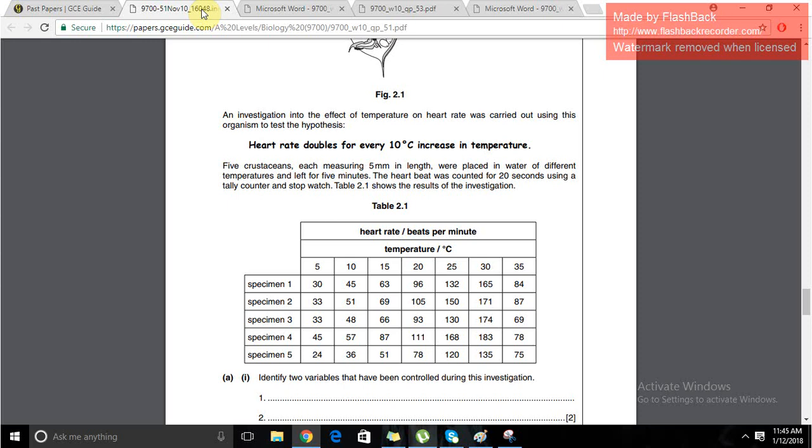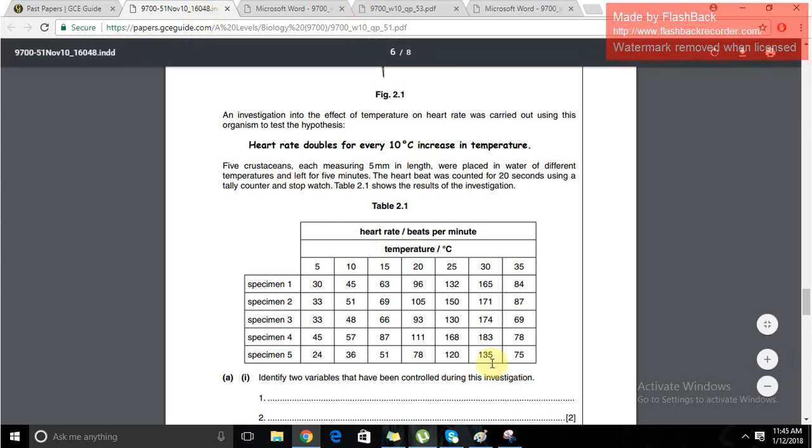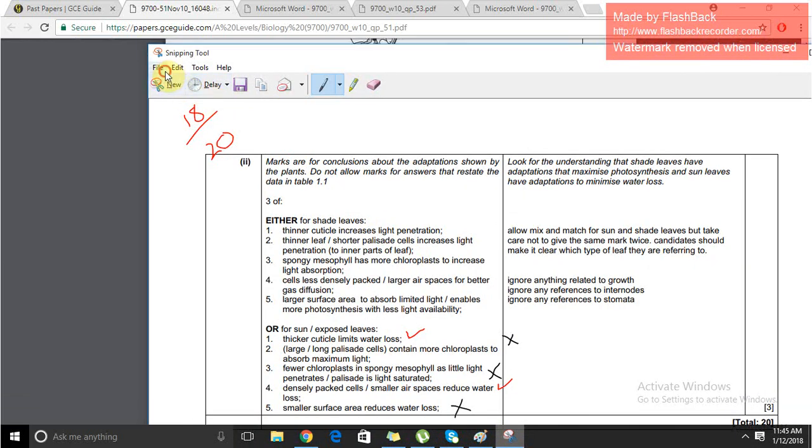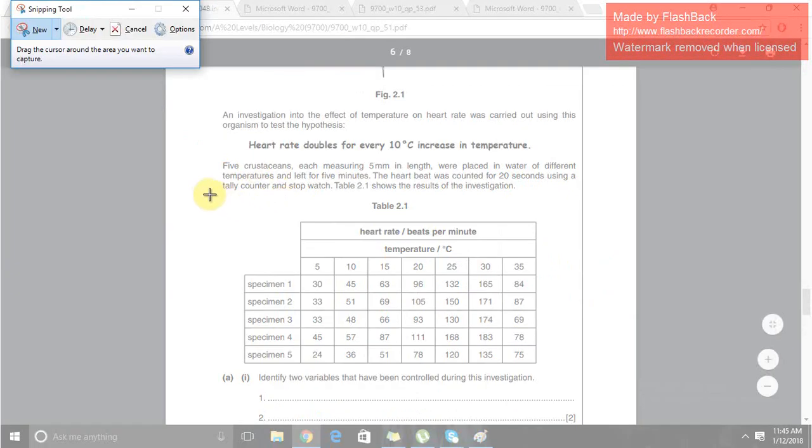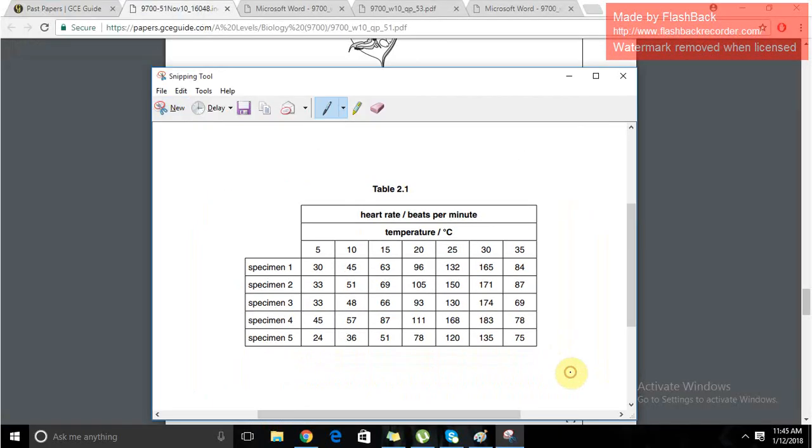So we have 5 crustacean specimens, all of the same length, 5 millimeters, placed in water at different temperatures: 5, 10, 15, 20, 25, 30 and 35. So 7 different temperatures, at 5 degrees Celsius intervals.